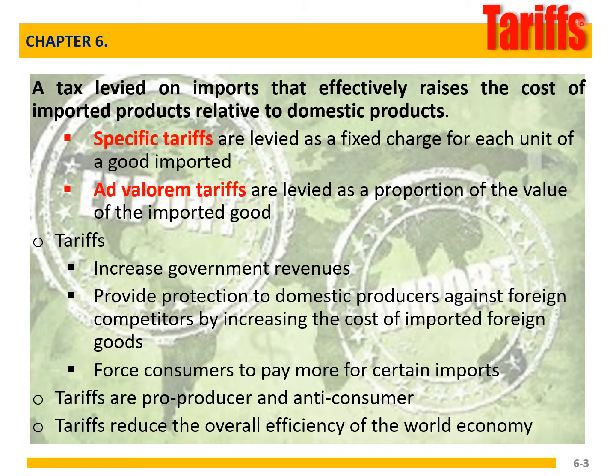A tariff is a tax levied on imports or exports. Tariffs fall into two categories: specific tariffs and ad valorem tariffs. Specific tariffs are levied as a fixed charge for each unit of a good imported. Ad valorem tariffs are levied as a proportion of the value of the imported goods.